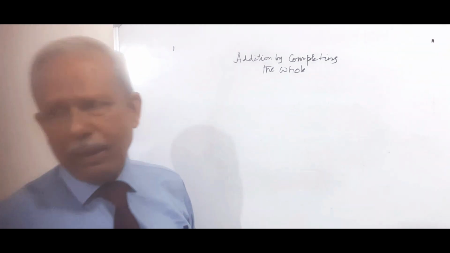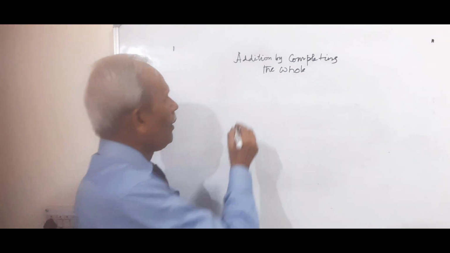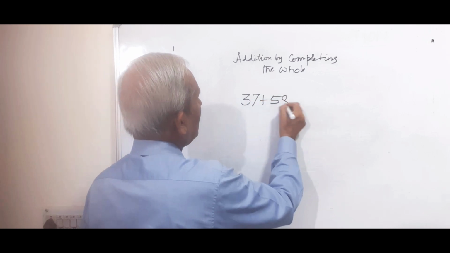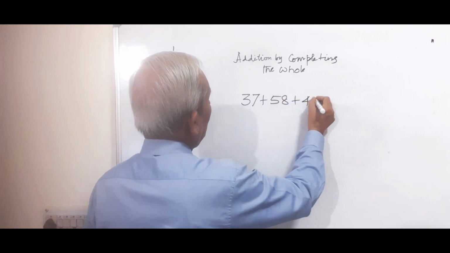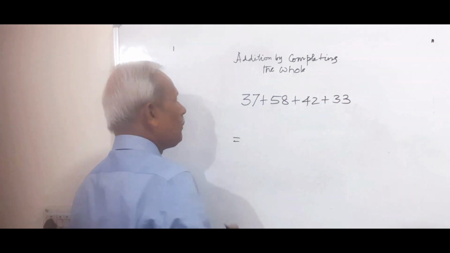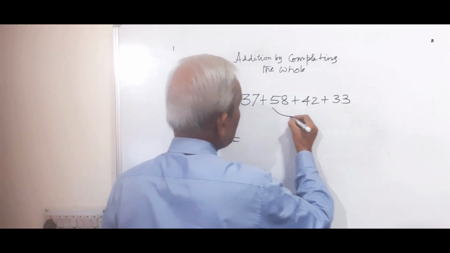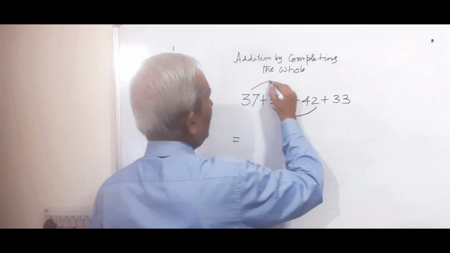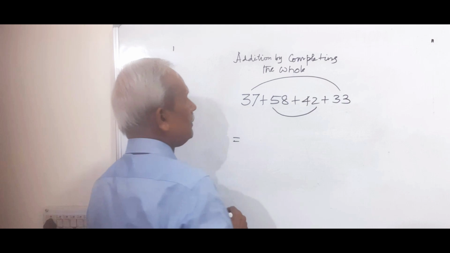So I'll take another example. 37 plus 58 plus 42 plus 33. Can you make some whole numbers here? Yes. 58 plus 42 is 100. And 37 plus 33 is 70.